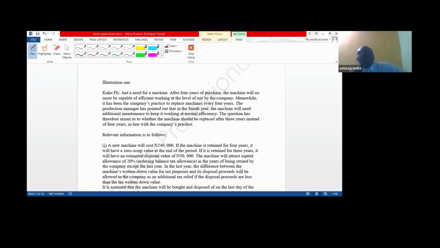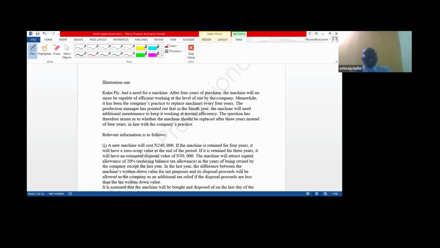Kuku PLC had a need for a machine. After 4 years of purchase, the machine will no more be capable of efficient working at the level of use by the company. Meanwhile, it has been the company's practice to replace machines every 4 years.